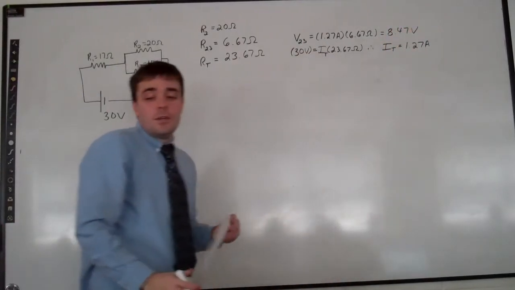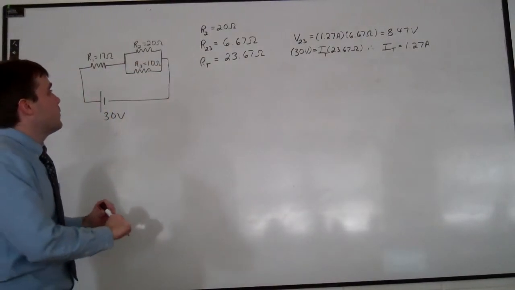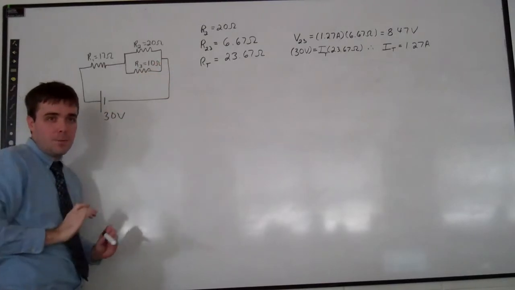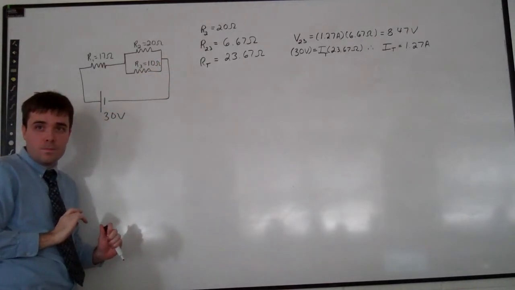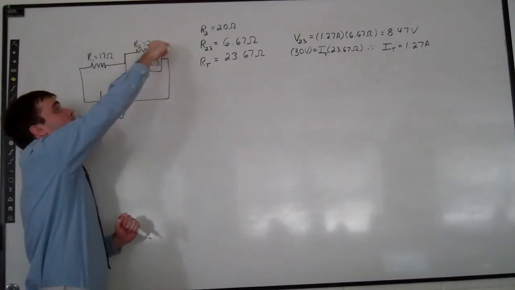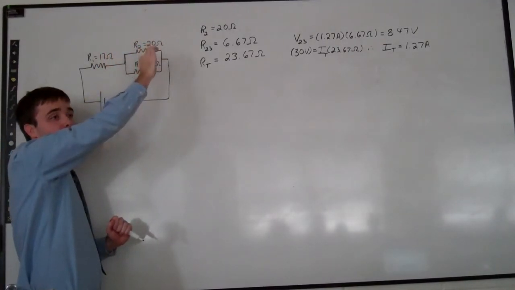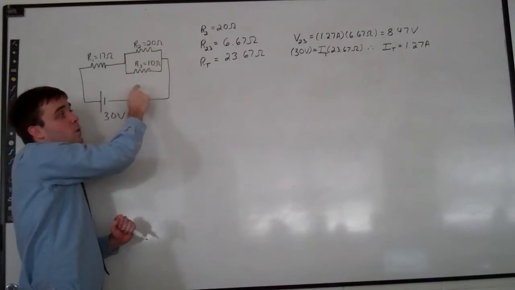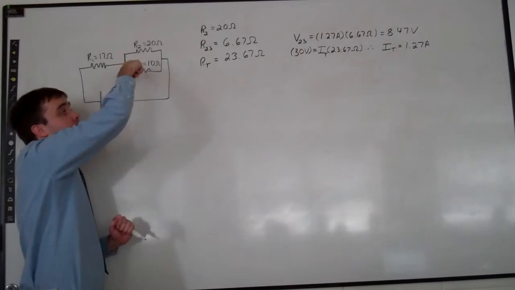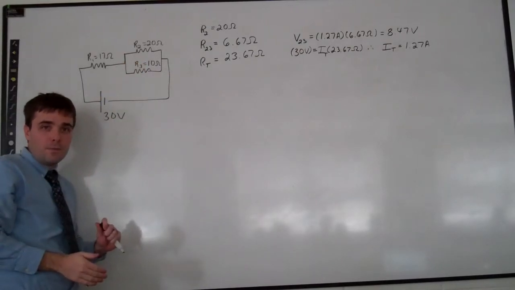So that 8.47 volts is how much the voltage drops from here to here. Does everybody understand that? The reason we were able to do that is the current flowing through both branches, if you added them together, is 1.27. So we have the current through the whole thing, the resistance of the whole thing, then we find the voltage of the whole thing.